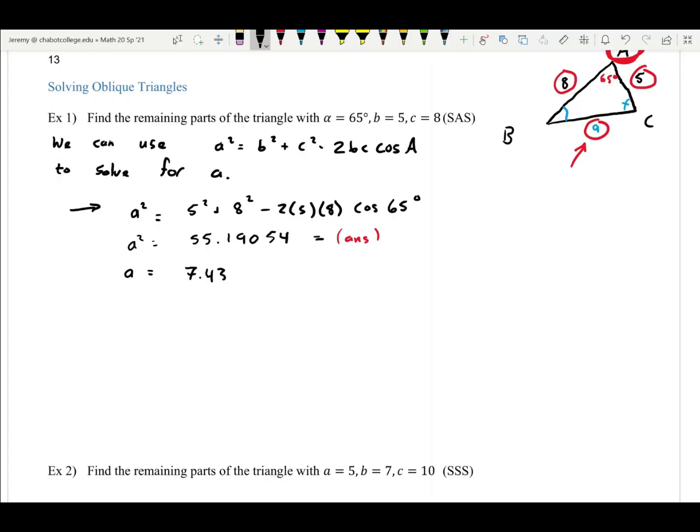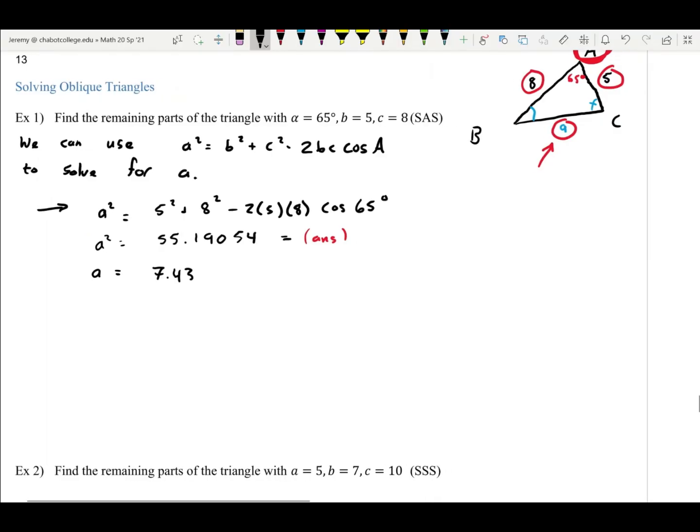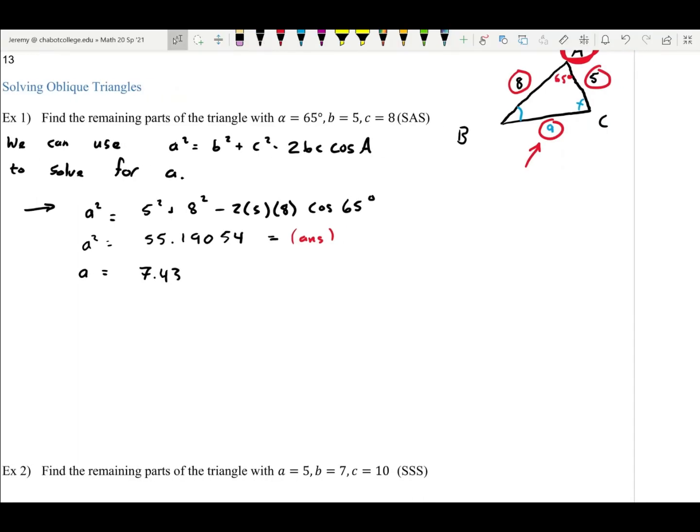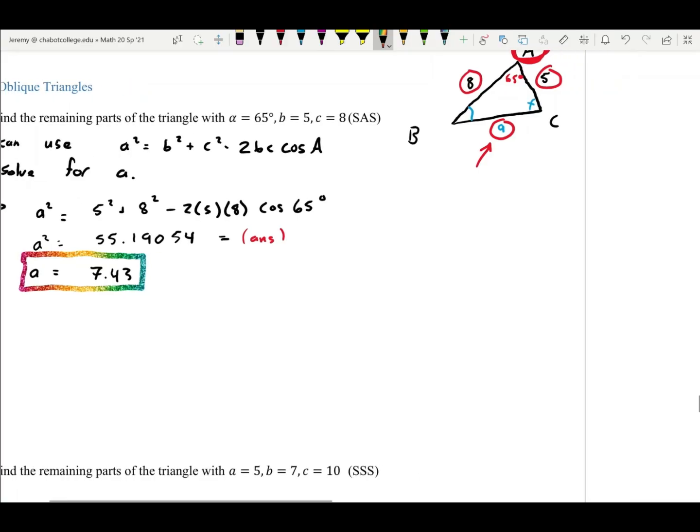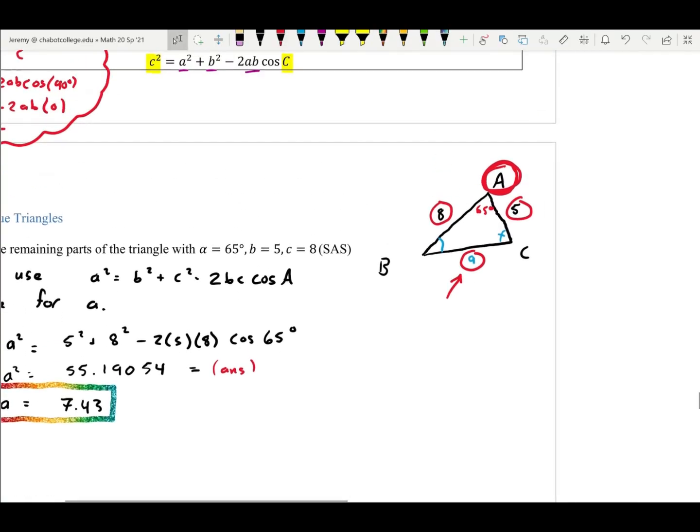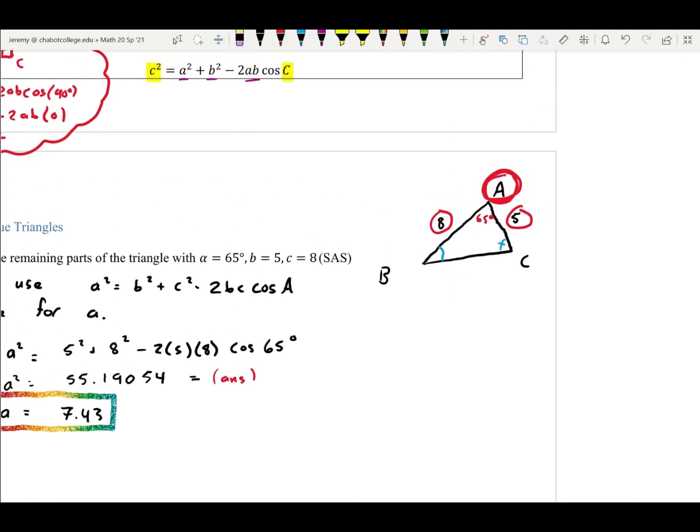Okay. And technically there could be a plus or minus out in front here, but a is a side length. Okay, so it doesn't make sense to have a negative side length here. So there it is. That is the first thing that I want to solve for here. So I'll just draw that into my picture. So side length a is about 7.43.